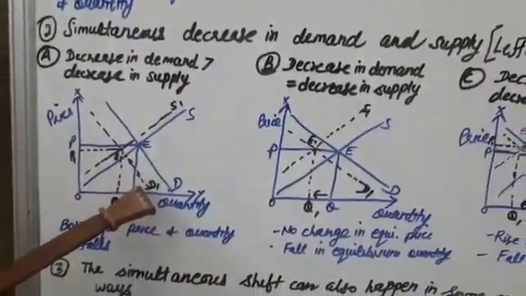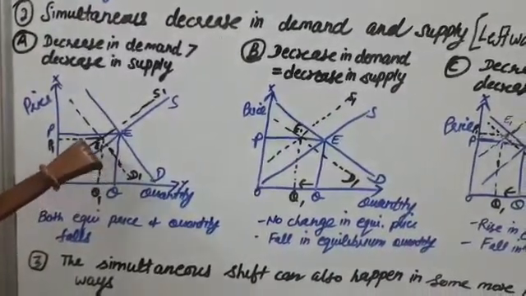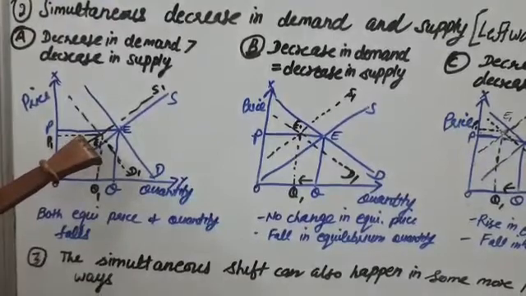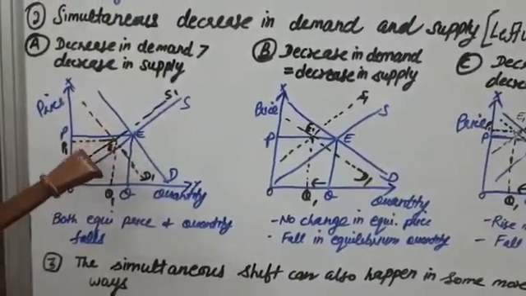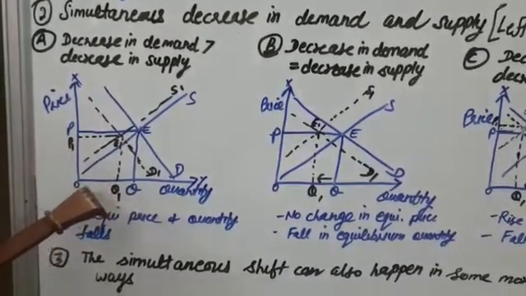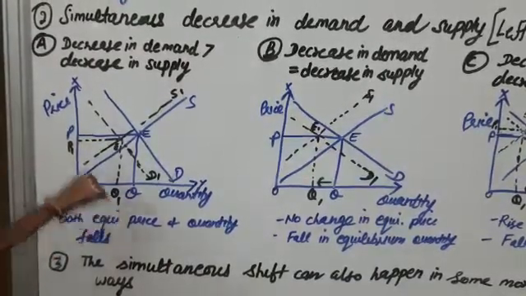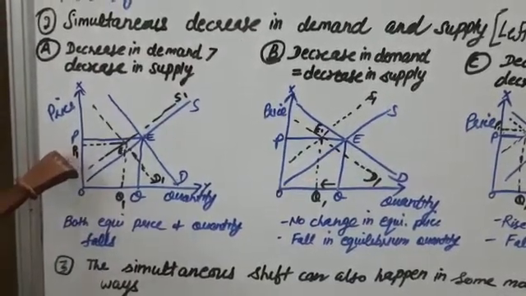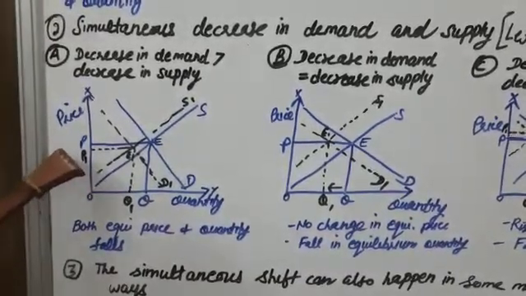Decrease in demand is much more than decrease in supply. So new equilibrium is E1, where new demand curve D1 cuts the new supply curve S1. So it is clear, there is decrease in equilibrium quantity. New equilibrium quantity is Q1, and equilibrium price also falls, which is P1.